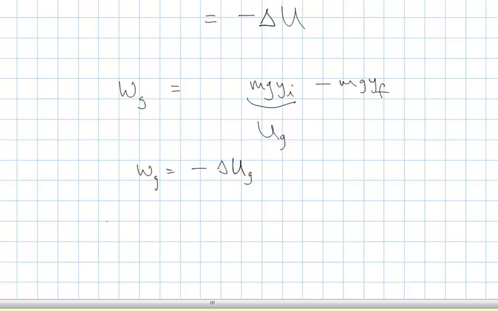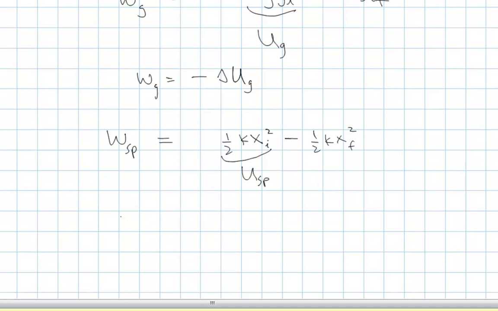If we are doing the work done by a spring force, we end up with 1/2 k x initial squared minus 1/2 k x final squared. We call this term the potential energy for a spring, and so the work done by a spring is negative delta U for a spring.